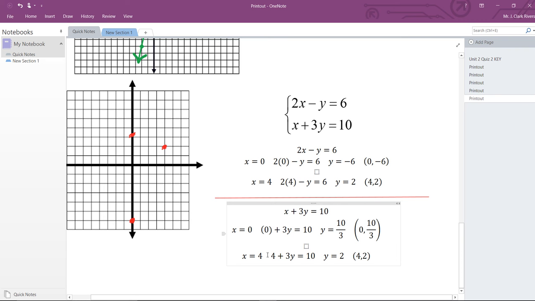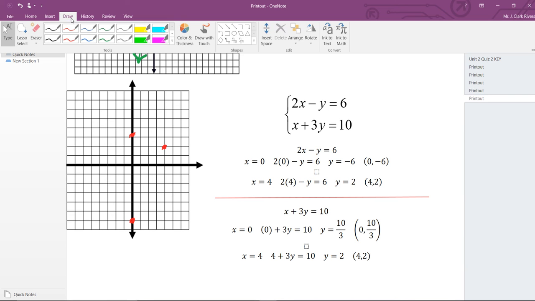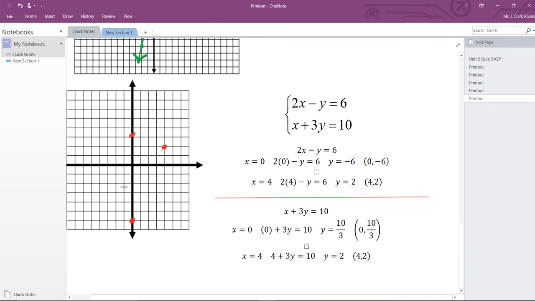Why did I pick x equals 4? I just had to pick something. You can see my work here. Isolate y, and I get (4, 2). It's the same point. So both the top equation and the bottom equation pass through the point (4, 2). So now we'll connect our points with a line.